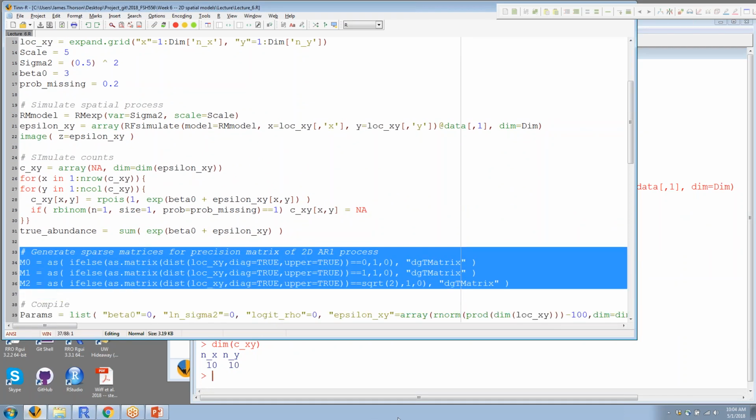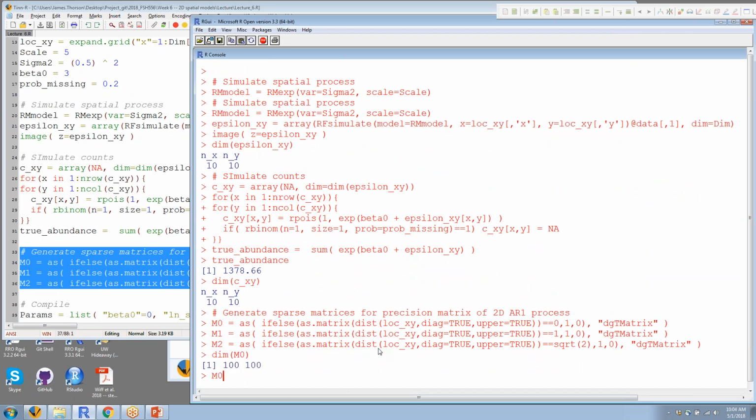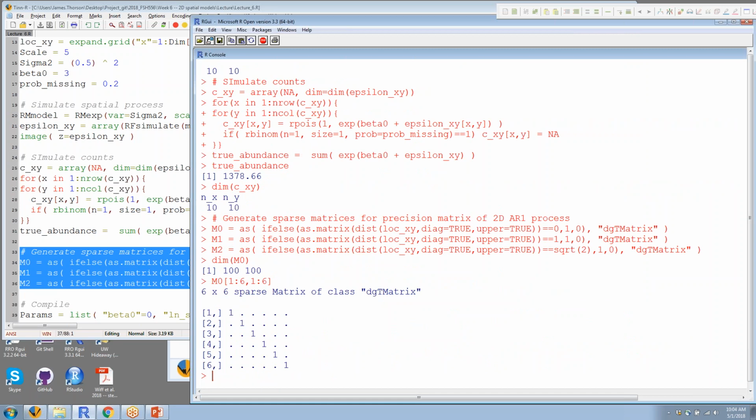I'll also use these M matrices, and if anybody's interested, this is how you can generate sparse matrices in R. In this case, M0 is this diagonal matrix.